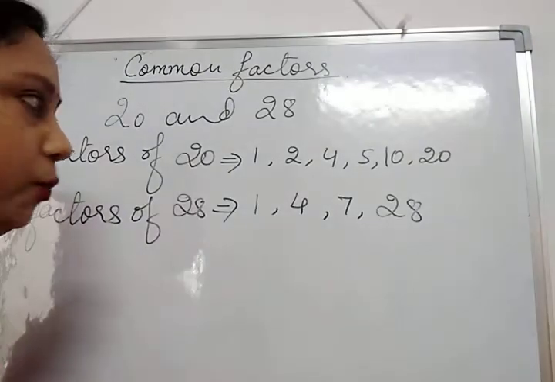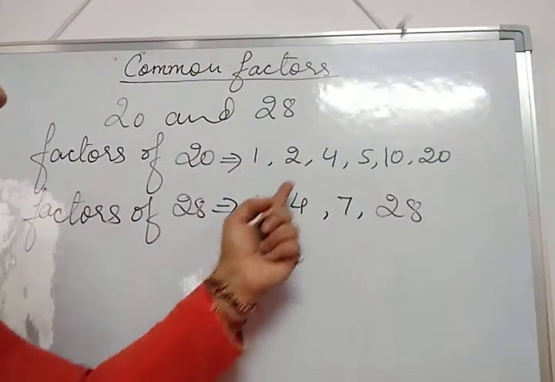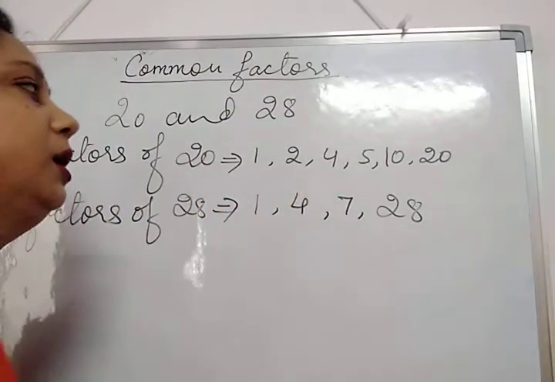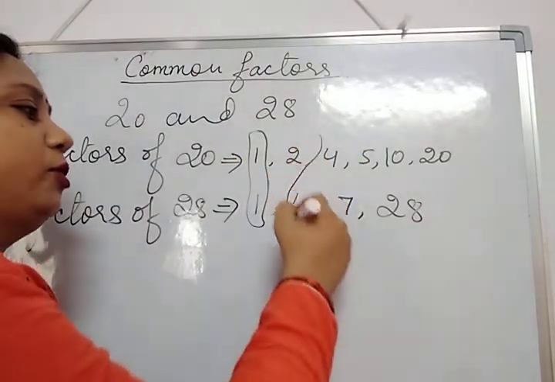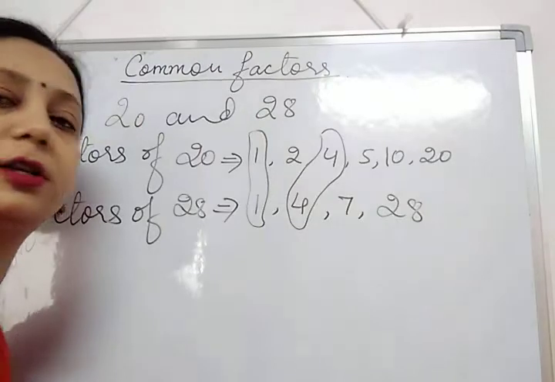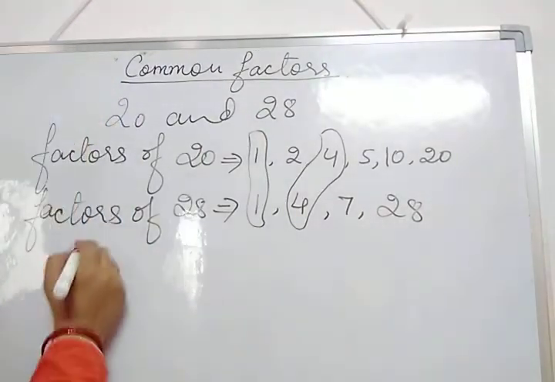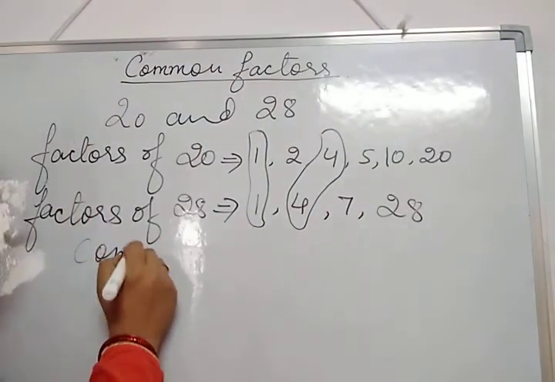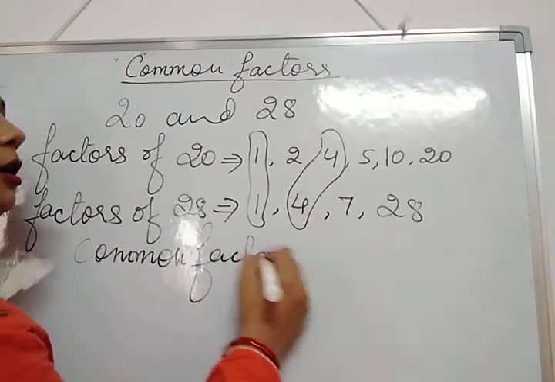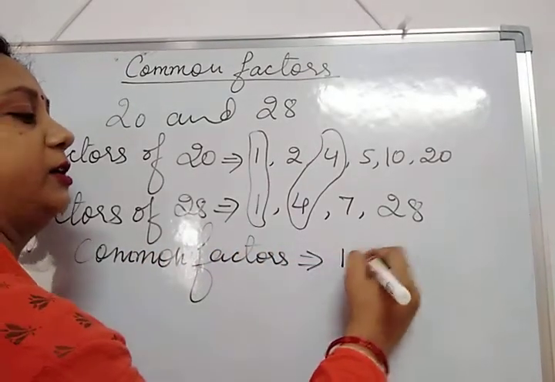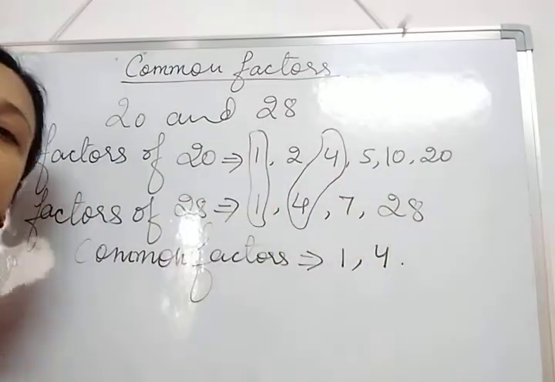Now we will see what are the common factors between these two numbers. 1 is a common factor and 4 is also a common factor. So what are the common factors between these two numbers? Common factors are 1 and 4.